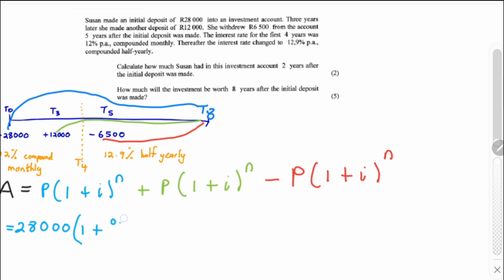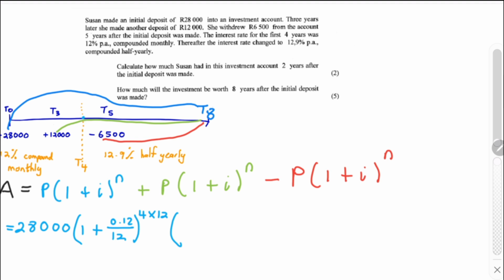So it would be 0.12 divided by 12 and raised to the exponent for 4 years. So it's 4 times 12. And then bracket. So we took the 28,000 to T4 and now we have to take the 28,000 to T8.